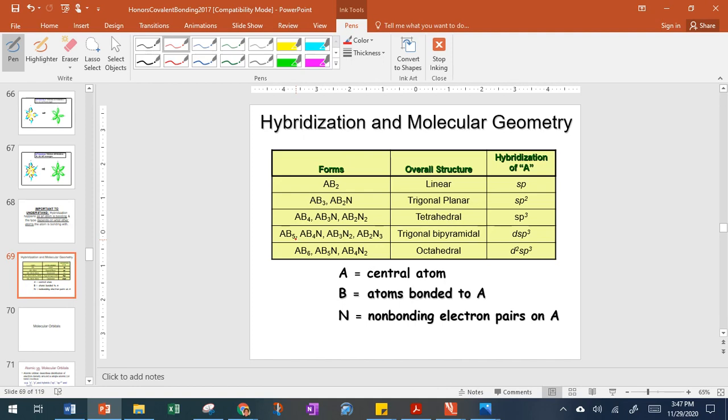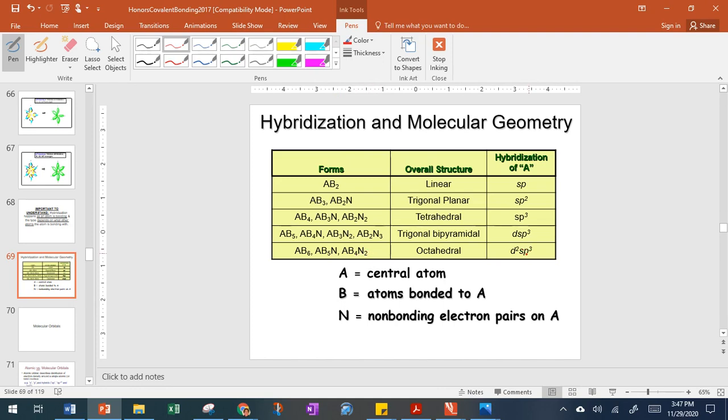We have 5, either AB5, 4 plus 1 is 5, 3 plus 2 is 5, or 2 plus 3 is 5. We require 5, which is dsp3, so we have 1 d, 1 s, which add up to 2, plus 3 p's, which is 5. We have 6, either AB6, or 5 plus 1 is 6, or 4 plus 2 is 6.